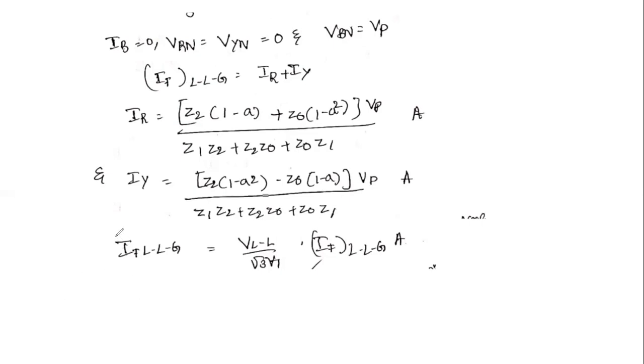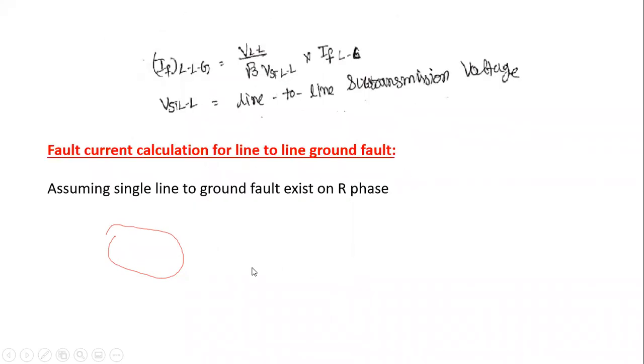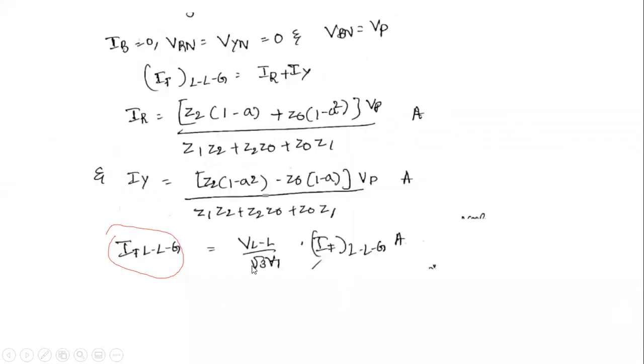Therefore, IF double line to ground fault is equal to V line to line by root 3 into VT, where VT is the subtransient voltage.